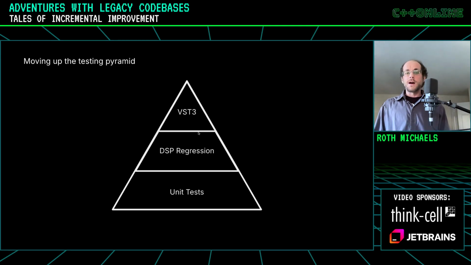And then we use full end-to-end tests. We have some tools to test our products using the VST3 API and format, which is one of the many audio dynamic library formats that are available.